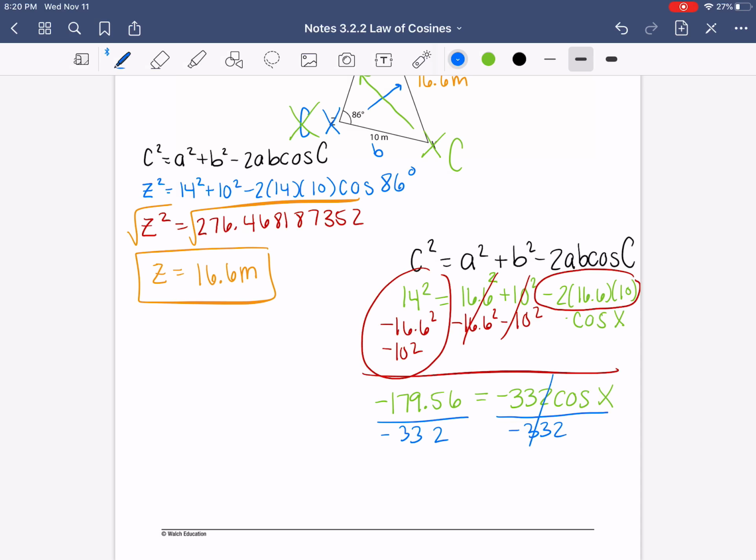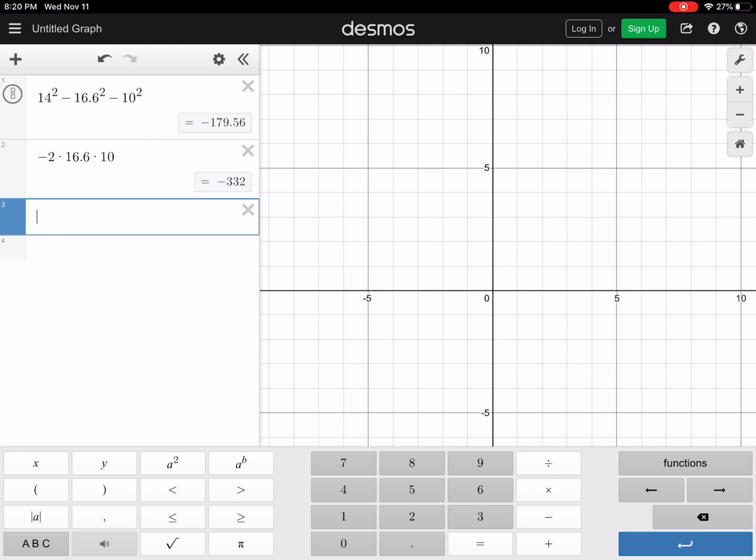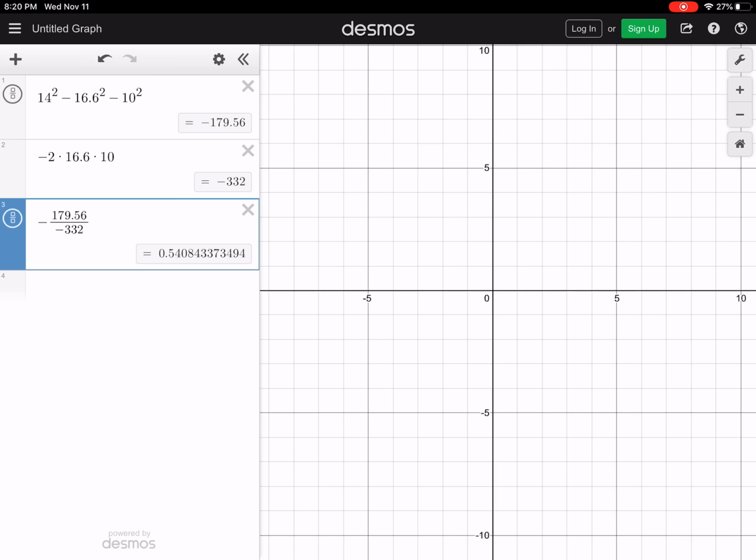Okay, so in my calculator, I'm going to go ahead and divide that. That's going to give me cosine of x, and then we have to find what x is. So negative 179.56 divided by negative 332. And we get this long decimal.